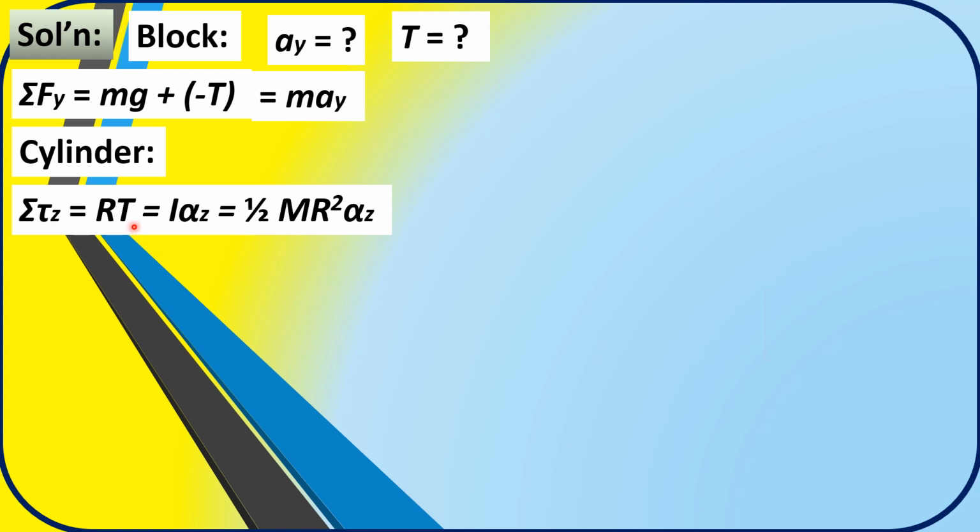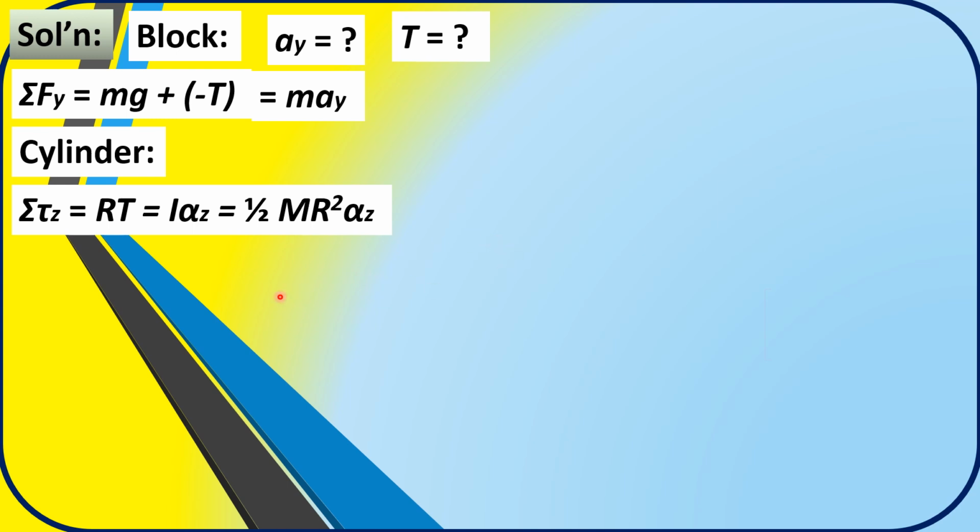The two other forces, the normal force directed upward and the weight of the cylinder itself, do not produce torque, because the line of action of those forces passes through the axis of rotation of the solid cylinder.